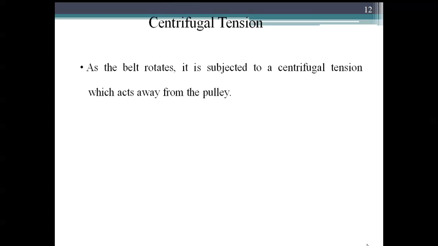The tension caused in the running belt by the centrifugal force is called centrifugal tension. When the belt rotates around the pulley, centrifugal force is developed. That centrifugal force causes some tension. That tension is called centrifugal tension.